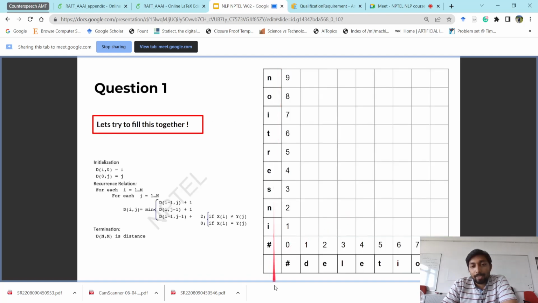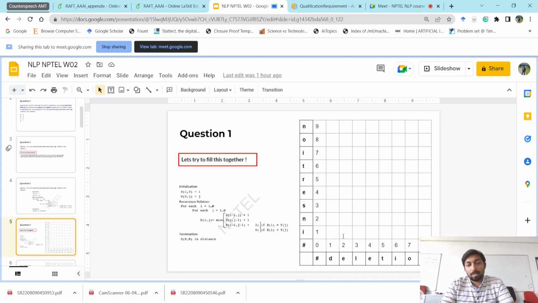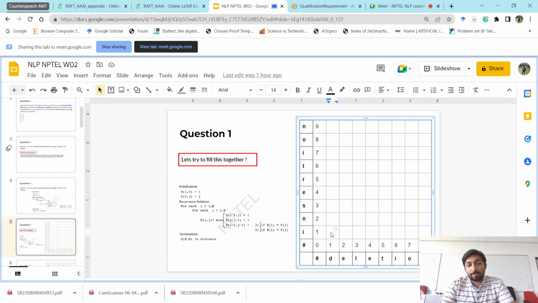So now we have filled these two tables. So let us try to fill this table. Together we can fill. So you got the idea, right? Let us start filling this part. So what will be this?